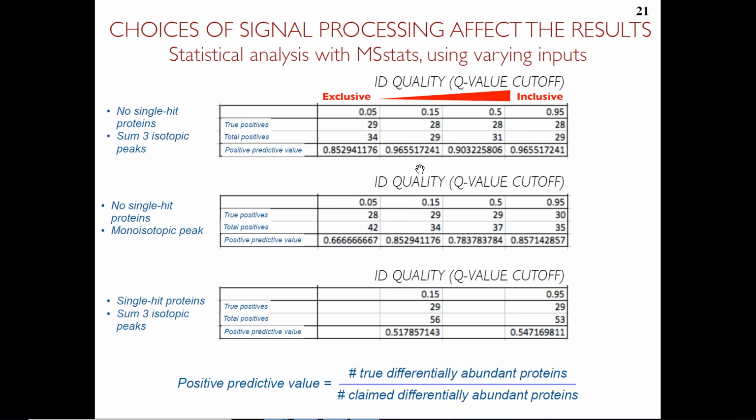But now with that, we can make decisions. Okay, do we allow single hit IDs or not? Do we quantify a feature by monoisotopic peak or by the entire isotopic distribution? Or, if we want to use MSMS IDs for quantification, what is a good ID and what is a bad ID? The score essentially tells you how good or bad IDs you require for a quantification.